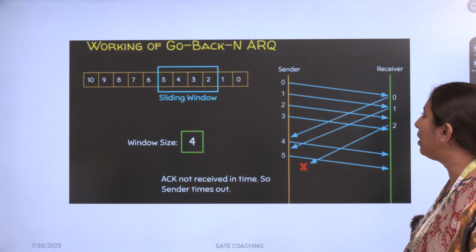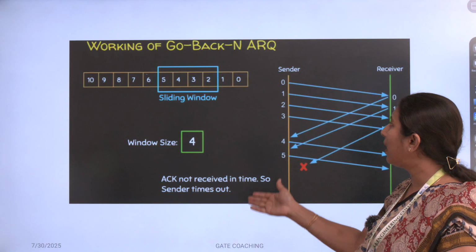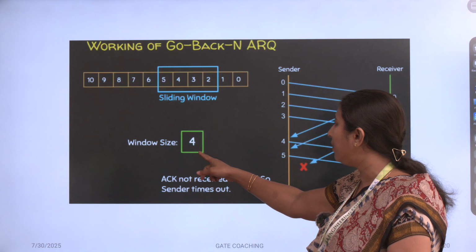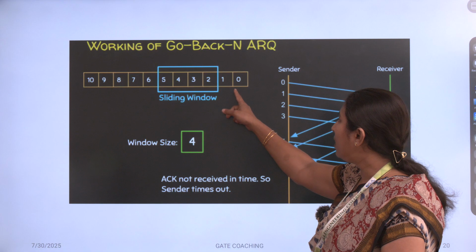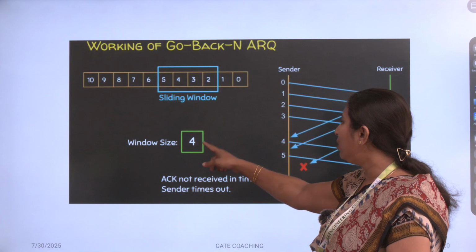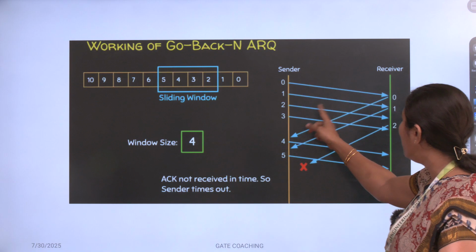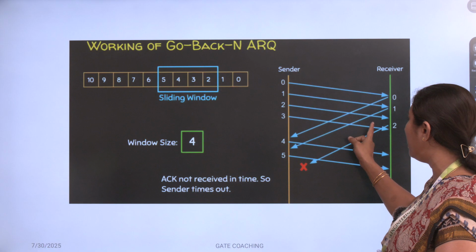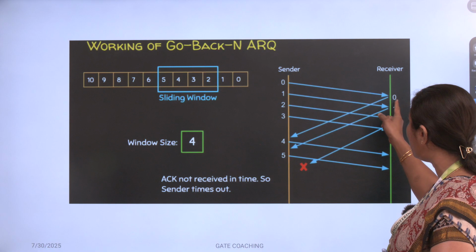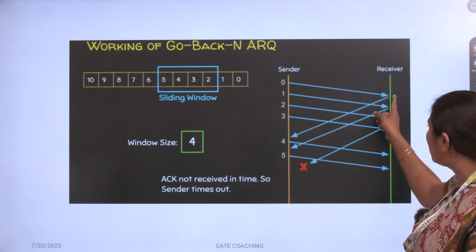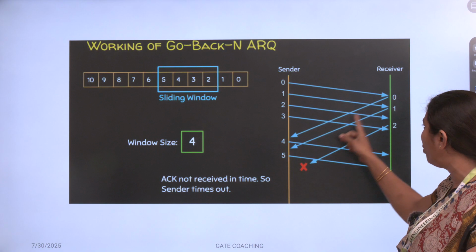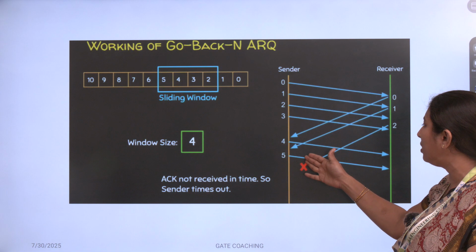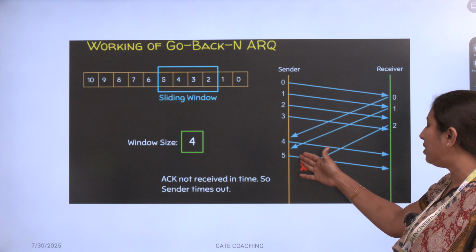Now let's see how Go-Back-N ARQ works. Here the window size is 4. Since the window size is 4, the sender sends the first 4 frames to the receiver. After the receiver processes the frames, it gives the acknowledgement for frame 0 and frame 1 to the sender.